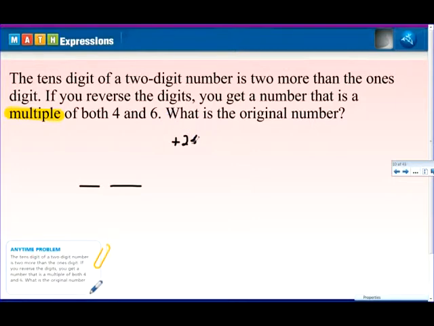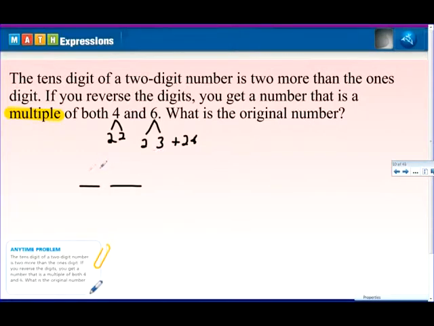So we've got to figure out the original number. First of all, let's find out what a multiple of 4 is. 2 times 2 equals 4, so that is one multiple. 6 is 2 times 3. So the same number in both of those is the 2.